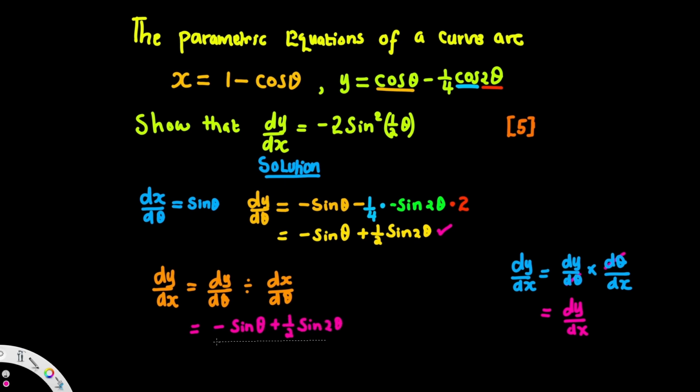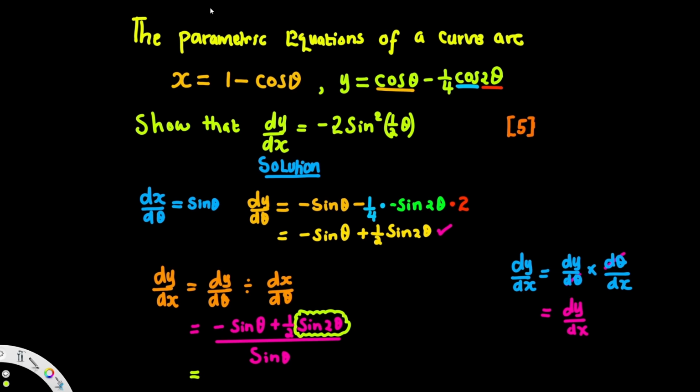So we divide it like that, and then we can change sine 2 theta using double angle identities. If you have not checked how to use double angle identities, you can check a video that I've done on that.